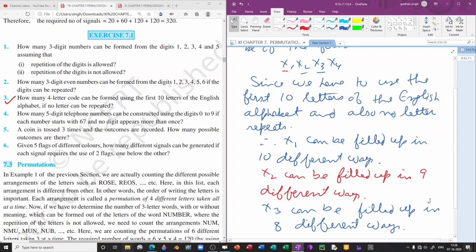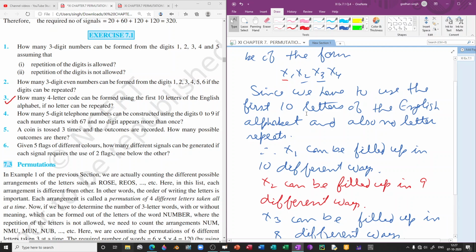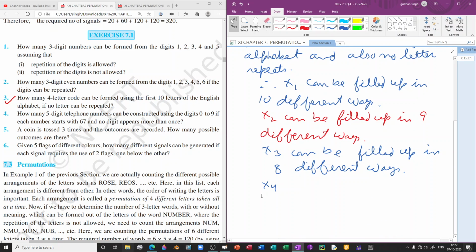Now same way for x4, one letter has been used for x1, one for x2, one for x3. So out of 10 letters we have used 3 letters, so remaining will be 10 minus 3, that is 7. Repetition is not allowed here.